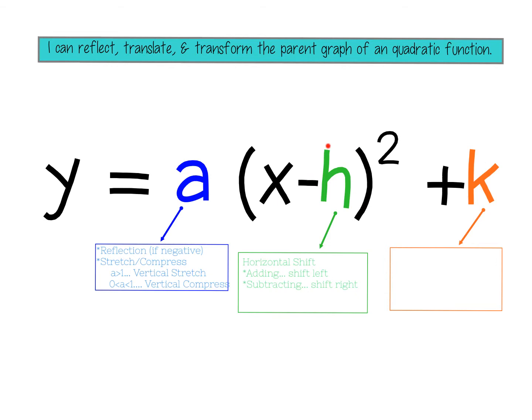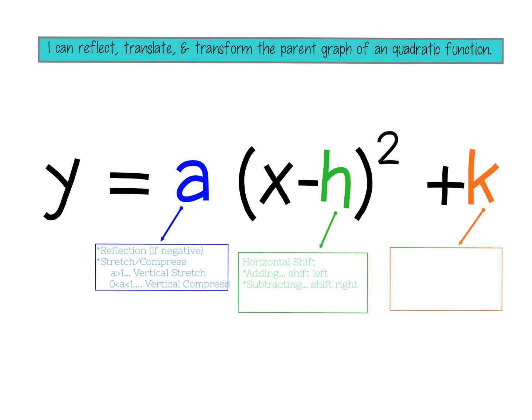But if h were negative, so if I had a left movement of 3, so that would be minus 3, and I put minus 3 in here, minus a negative becomes a positive. So that's why inside those parentheses it does the opposite, because the general formula is x minus whatever the movement is. And so if it's positive, then it will say x minus that movement, and if it's negative, it will become x plus that movement, or x plus that value.